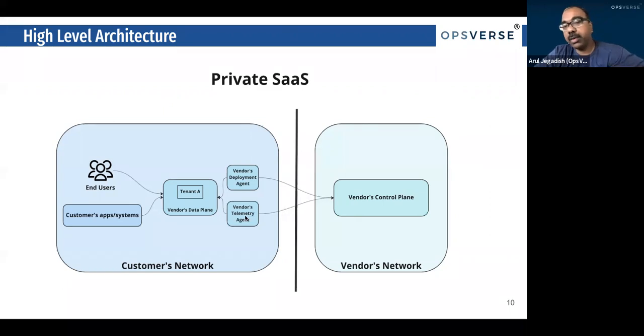What we are collecting here is the health information, the telemetry, the metrics and logs from the components and tools we run, so that the control plane can understand the health of the systems and remediate it. That's really the only thing that comes out of your network. Otherwise, for example, if you're using a log management system, then your application logs themselves will live only within your network. It's never shipped outside your network.